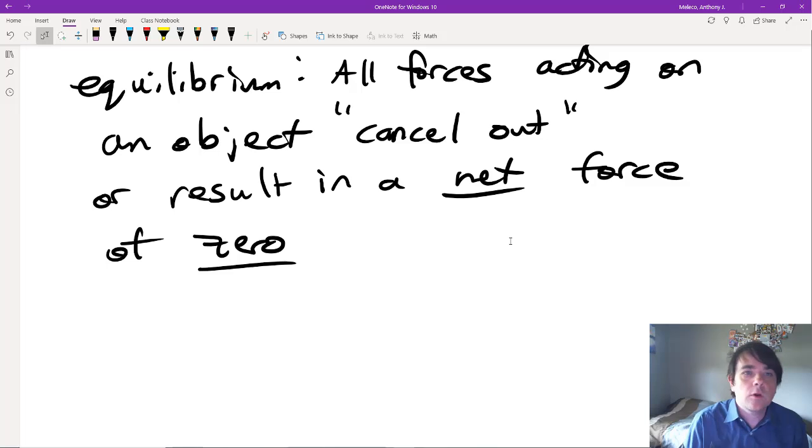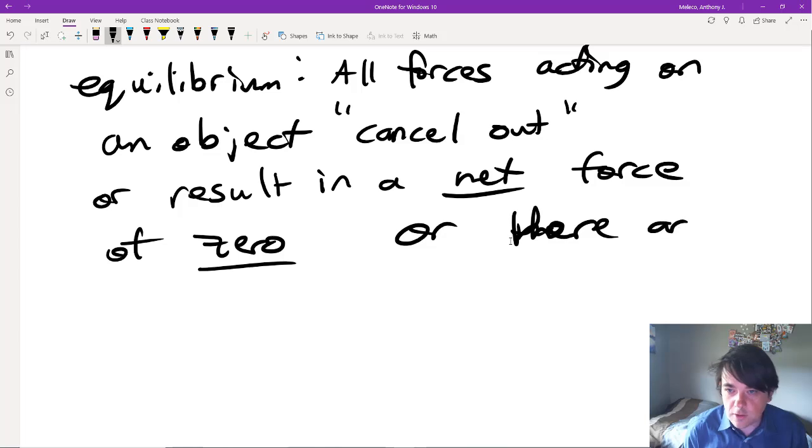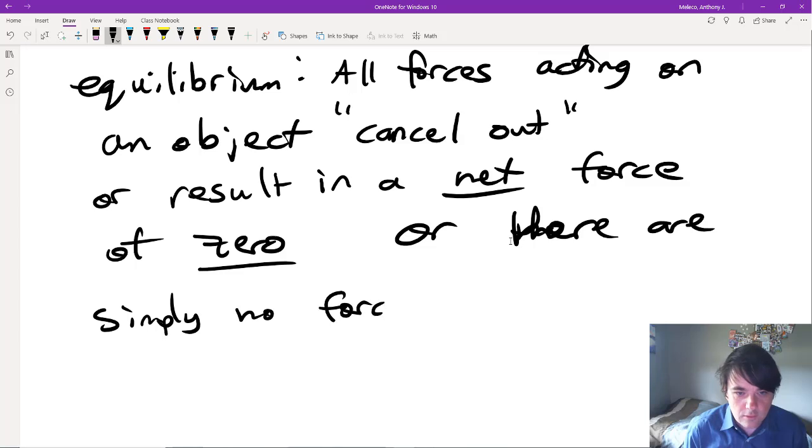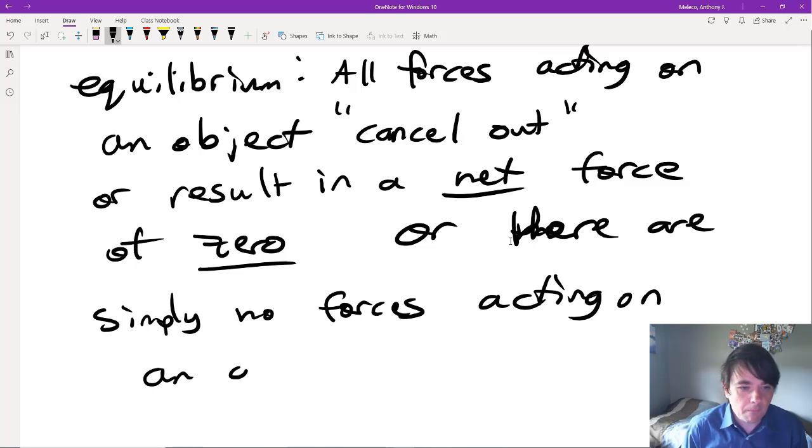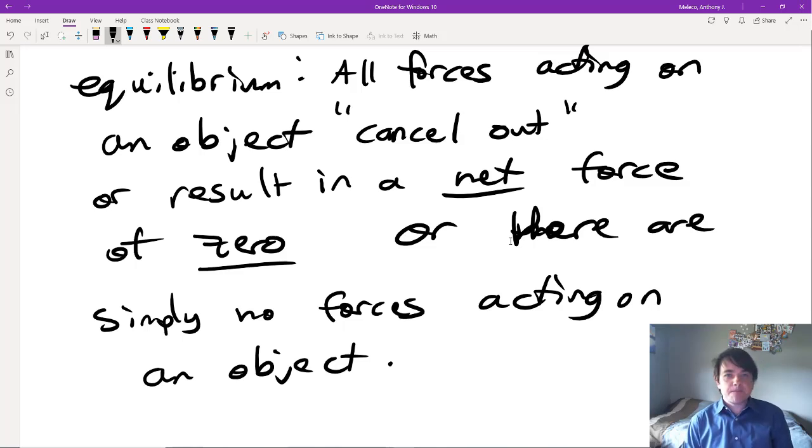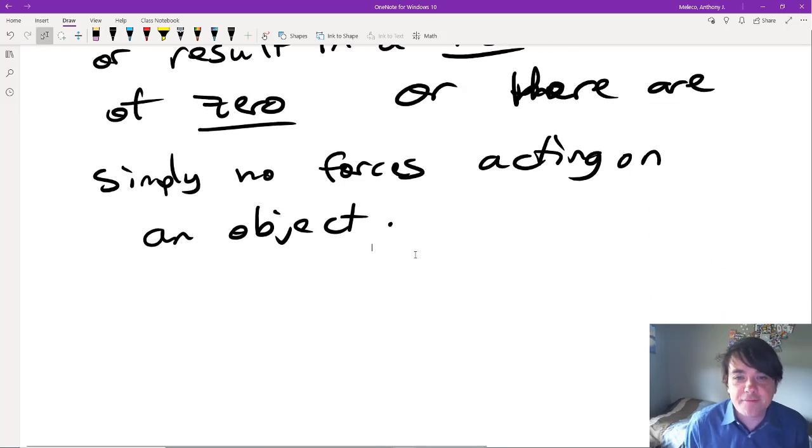So when an object's in equilibrium, there are either a bunch of forces or simply no forces acting on an object. So there's either a bunch of forces or there's no forces at all, and they basically cancel out on an object. So if you have a force to the right, there's an equal force to the left.